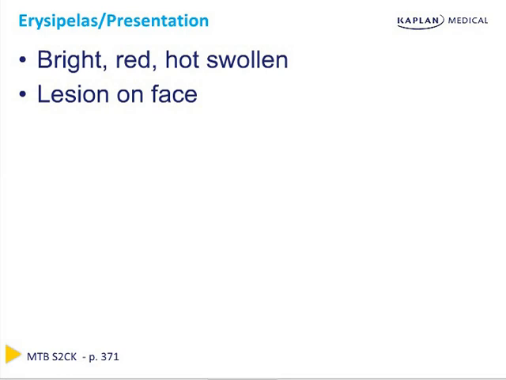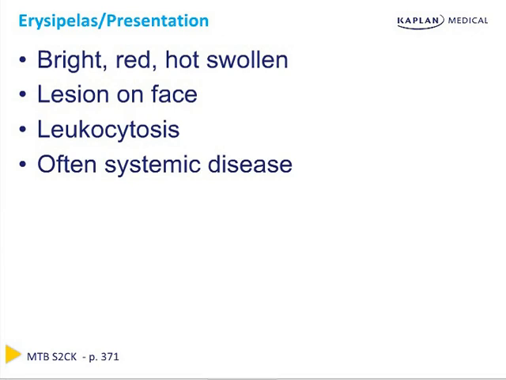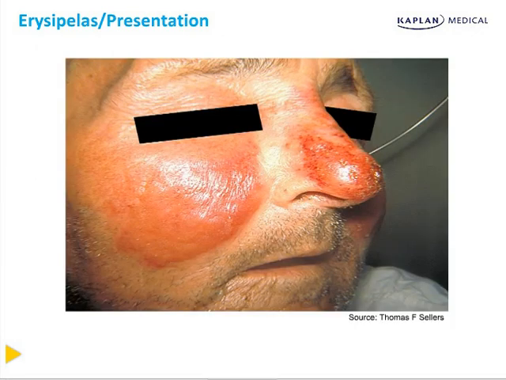The lesion is often on the face, there's a leukocytosis, and it's often systemic because it spreads. It looks like this: bright, red, hot, warm, swollen. Strep pyogenes, group A beta hemolytic strep, can cause kidney infections, but not rheumatic fever, but kidney, yes.